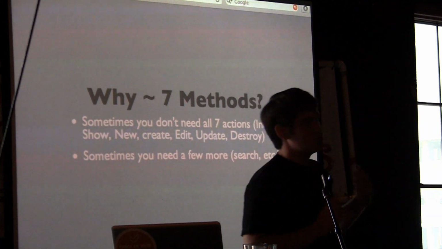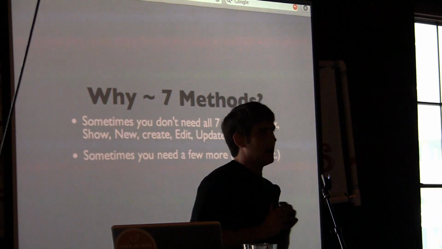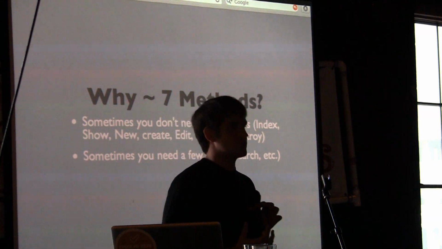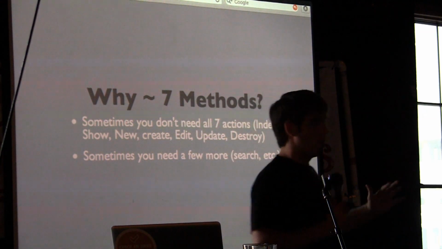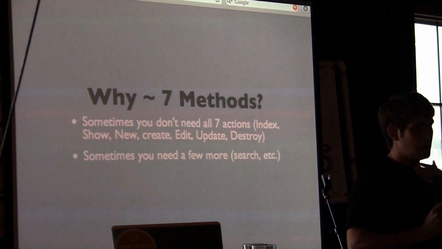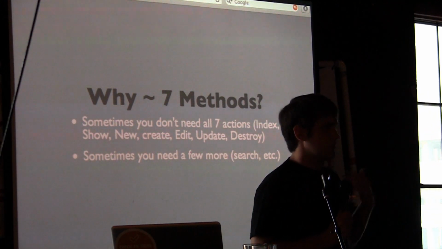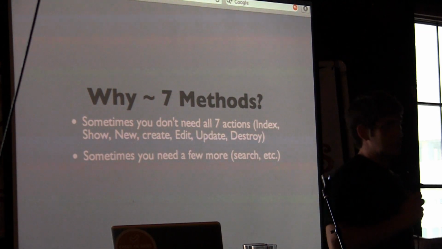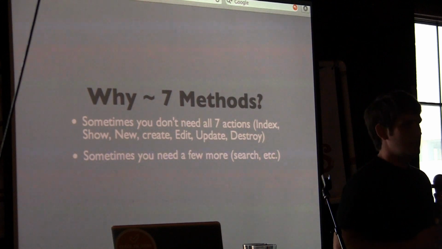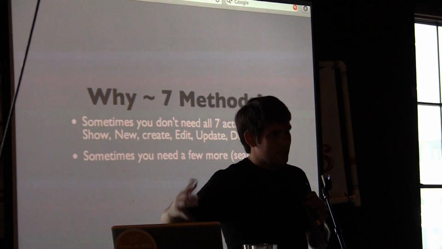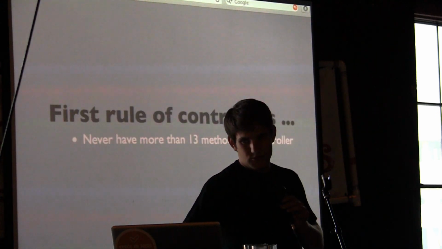That's pretty much bare bones what you need to get by if you're going to be actually working with some sort of a resource. Sometimes you need a few more. Maybe you might want to have a search action on a resource. Sometimes you need a few less. Maybe you only need to be able to create but never actually destroy. That's fairly common. So that's why I say about 7 methods.